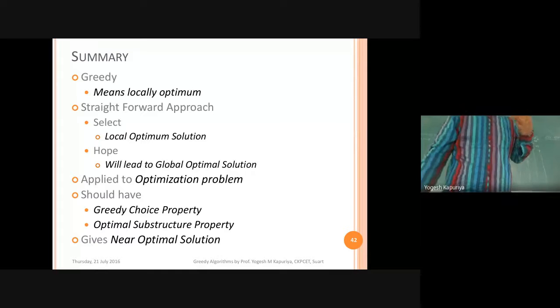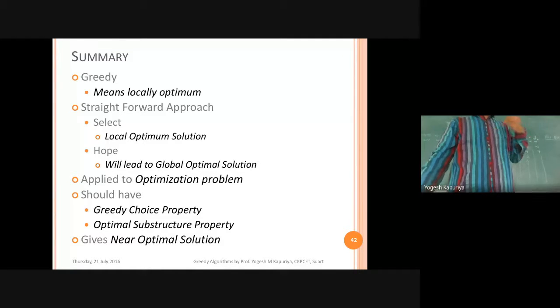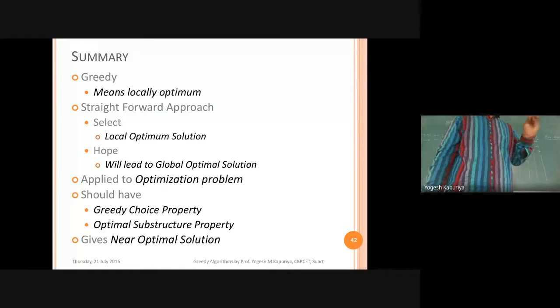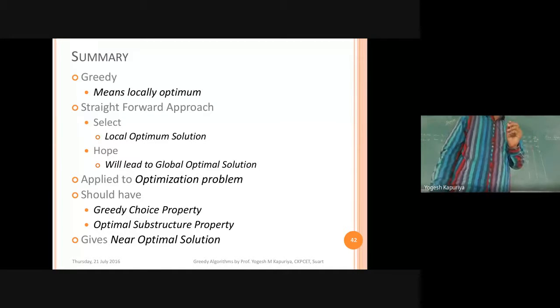Activity selection, optimization, because you want to maximize the number of activities. And job sequencing with deadline, optimization, we want to maximize the profit. So all of these are called optimization problems. We want to optimize some property. Optimize means either minimize or maximize.